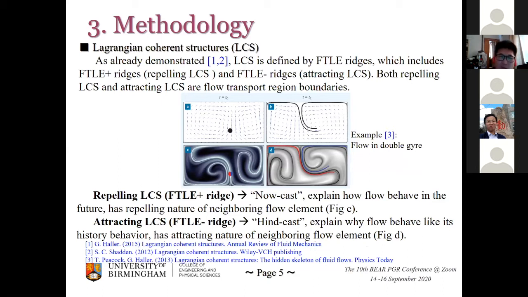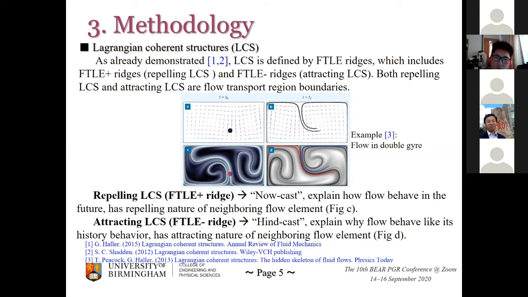The forward FTLE ridges correspond to repelling LCS, and the backward FTLE ridges correspond to attracting LCS. Both repelling and attracting LCS are flow transport boundaries. That means the flow cannot go through the boundaries. But the repelling LCS and attracting LCS are a little different.